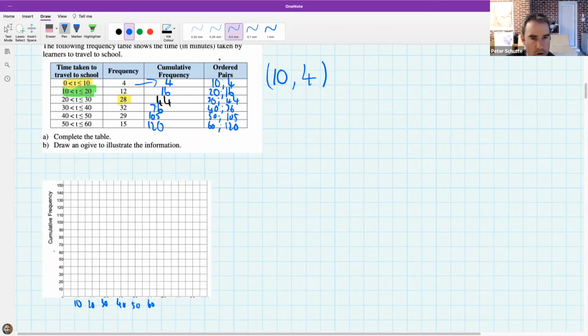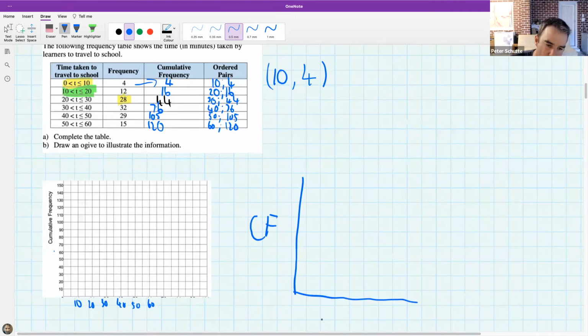So the points that I'm getting are 10, 4, 20, 16, 30, 44, 40, 76, 50, 105, 60, and 120. And what I'm wanting you to do now is draw and try and plot these points where you have your cumulative frequency on the vertical and your intervals on the horizontal.